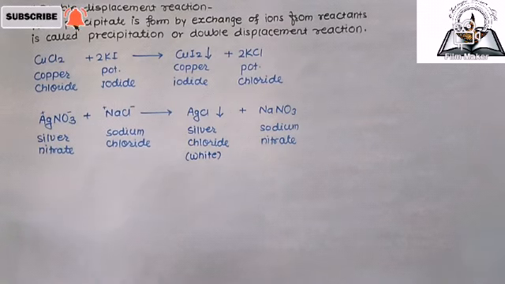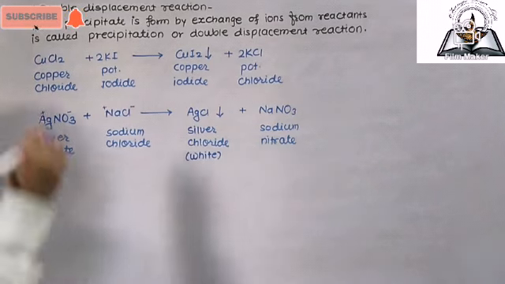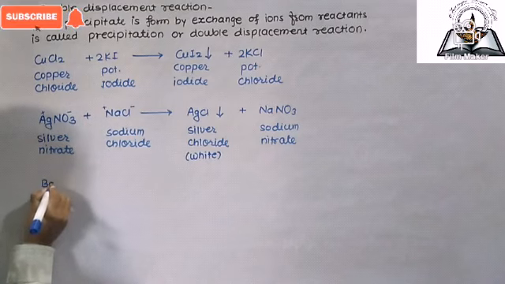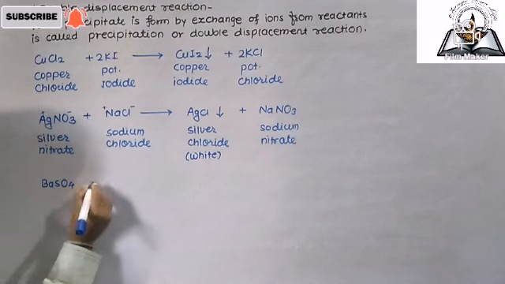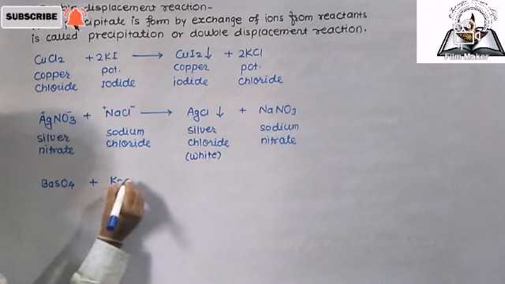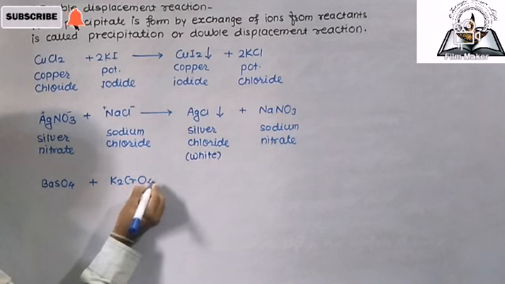Another one, अगर एग्जांपल देखा जाए तो particularly for example barium sulfate and next one is the potassium chromate. Example है barium sulfate BaSO4 plus potassium chromate K2CrO4.